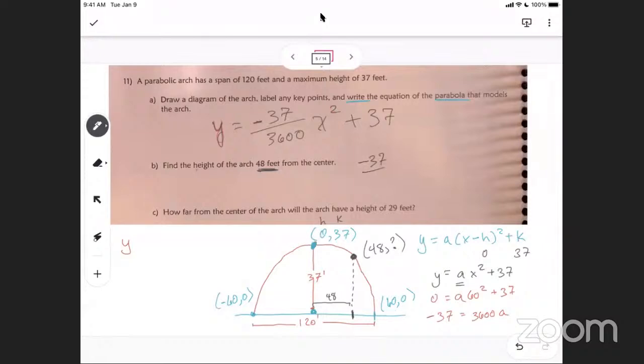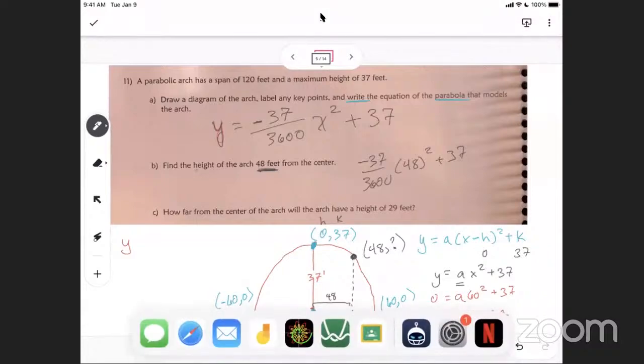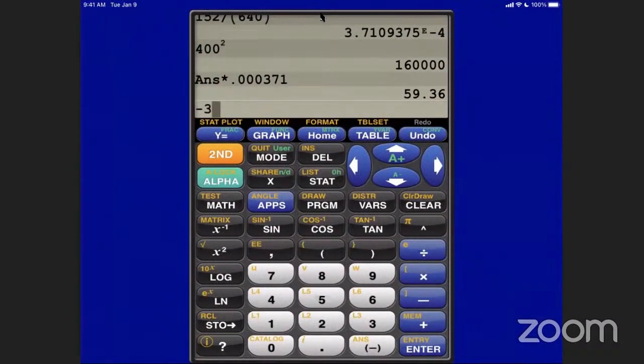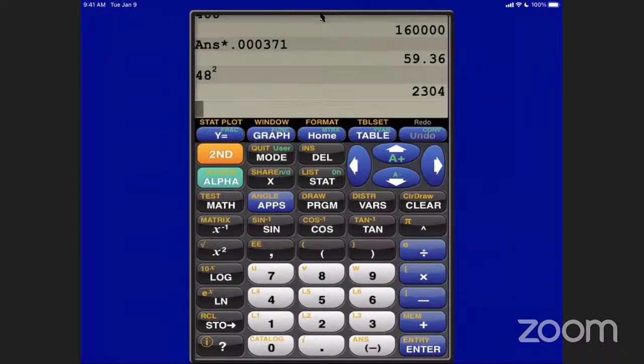So negative 37 over 3,600 times 48 squared plus 37. Punch that into your calculator. Actually, hold on, let me do 48 squared first. 48 squared, hit enter. And then negative 37 divided by 3,600.